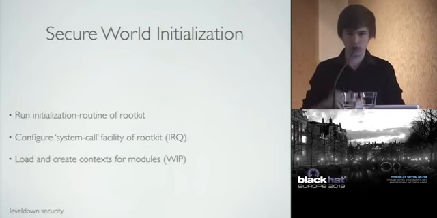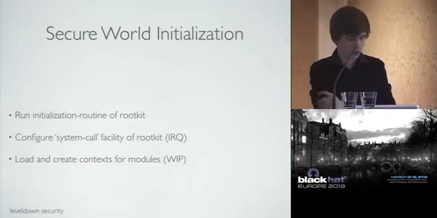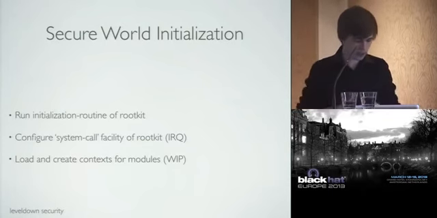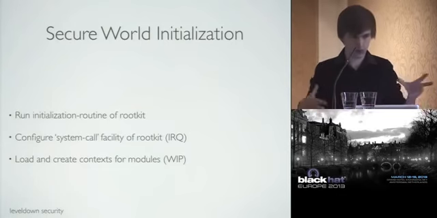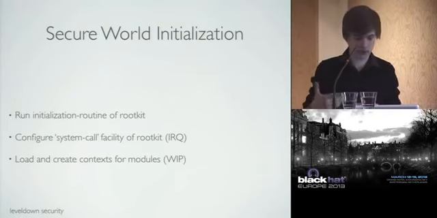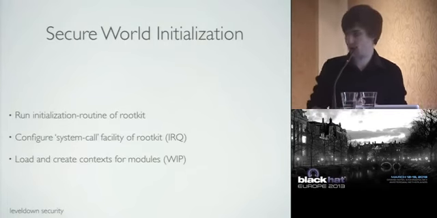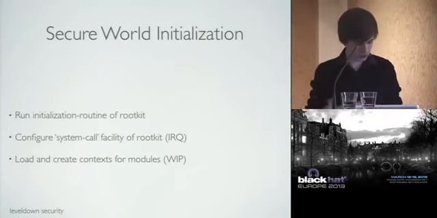If you start implementing your own modules for the rootkit, you have to do it all by yourself, and it's quite a lot of code. Because of that, I wrote this small system call facility, a small operating system, which helps you by providing stuff like FAT support on an MMC and so on.